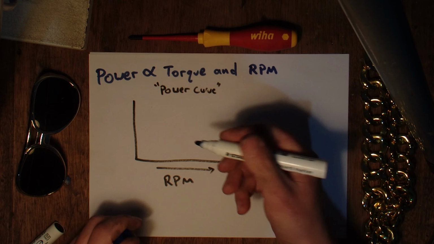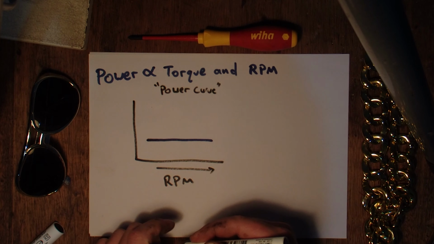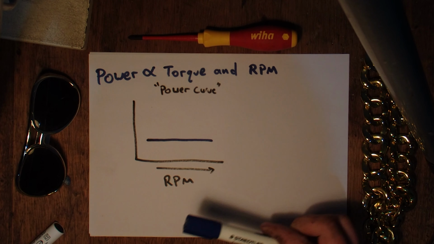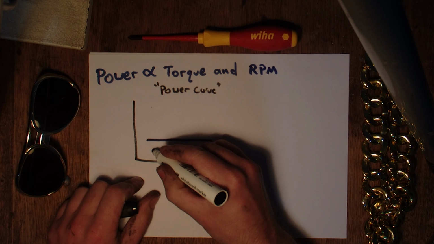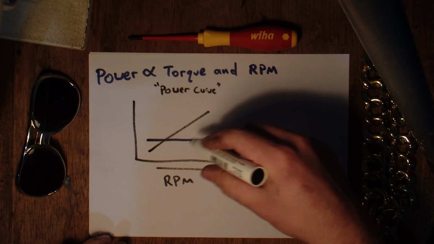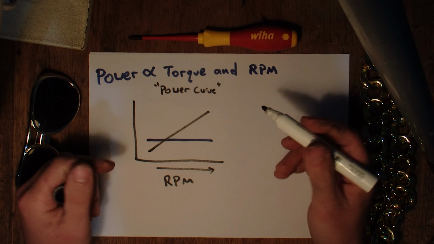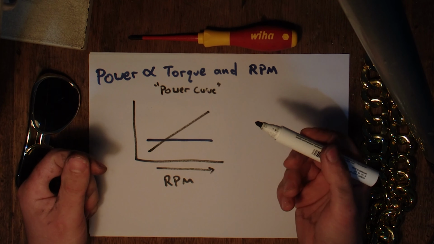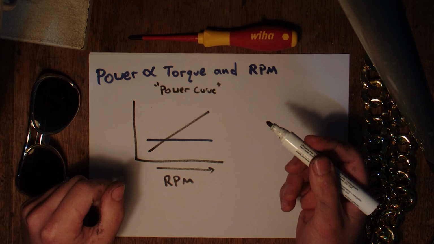One of them will be the torque line. This one might be really flat, and then you'll also have a power curve on the same graph. Because this is a dead flat torque curve, it's going to be a dead flat power curve. Sometimes they're all wiggly, and sometimes there'll be holes in them, and they sometimes taper off at the end. But at its core, that's the different aspects of it. And up higher means more power, basically.